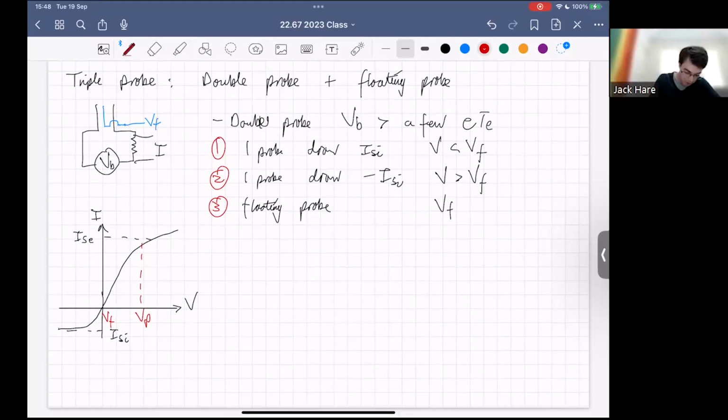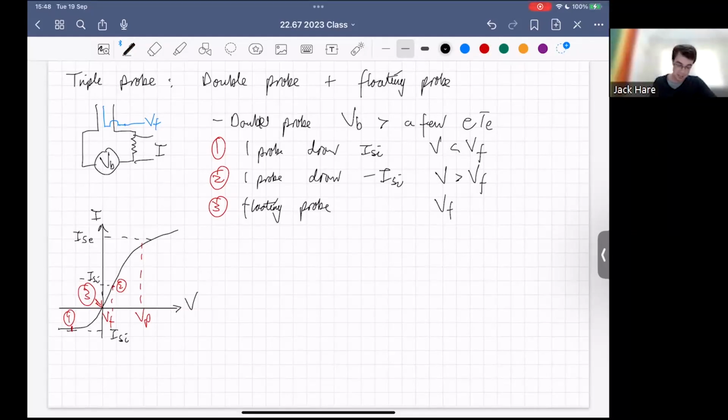So probe number 1 is representing a place down here. Probe number 3 is representing this point, and probe number 2 is representing the opposite point up here where we're drawing minus the ion saturation current.